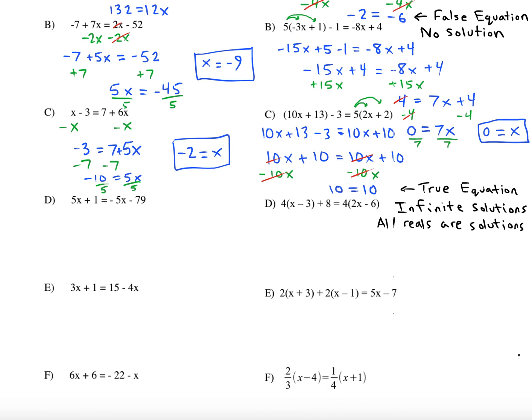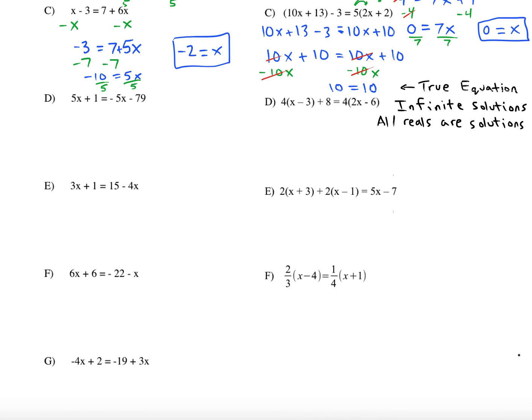Okay, let's just try these last three here. There's some interesting things that happen with them. Let's see. So I'll distribute that and get 4x minus 12 plus 8 equals 8x minus 24. 4x minus 4 equals 8x minus 24. Let's move the 4x over.